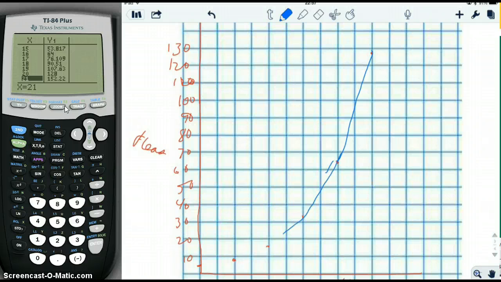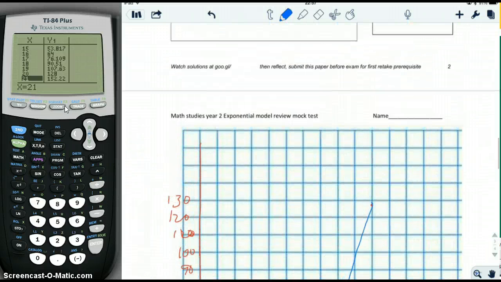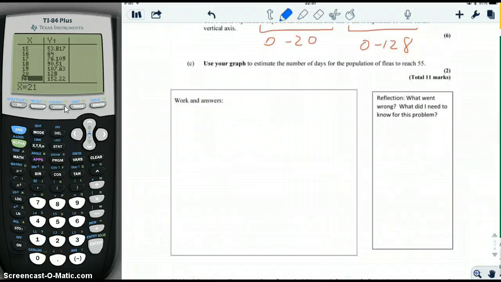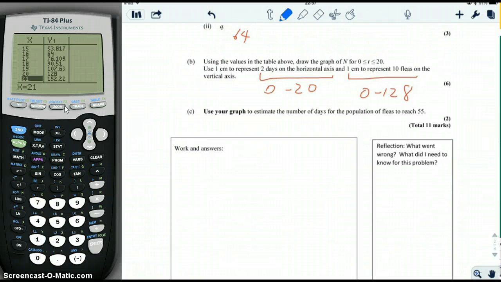Now this, of course, you're not going to be able to use a ruler to do the curve. You just need to use your pencil. So it looks about like that. So we did this, and we used the increments they asked us to. 10 fleas, 2 days.